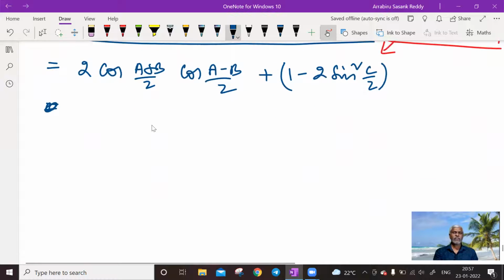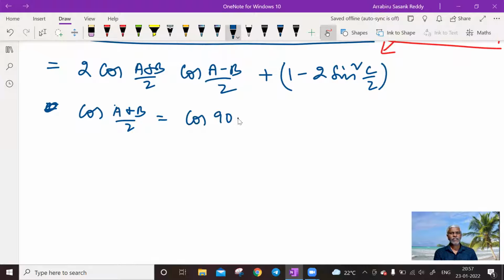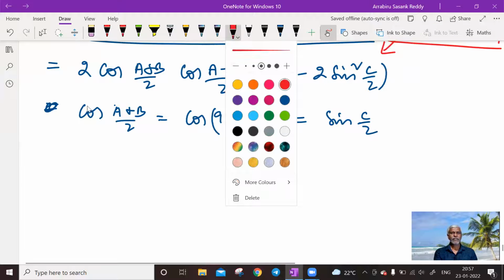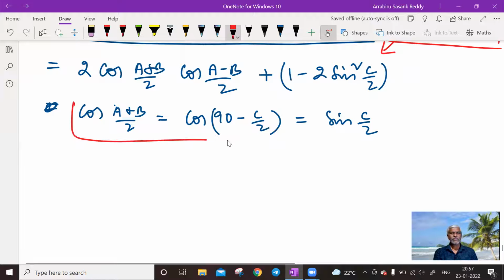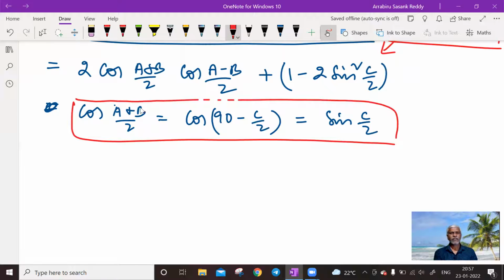A, B, C are angles of a triangle, so cos a plus b by 2 can be written as cos 90 minus c by 2, that is sin c by 2. 90 minus theta is sin theta, so we write sin c by 2 in place of cos a plus b by 2.